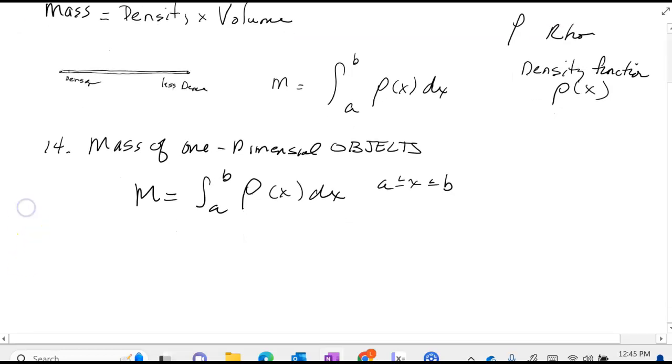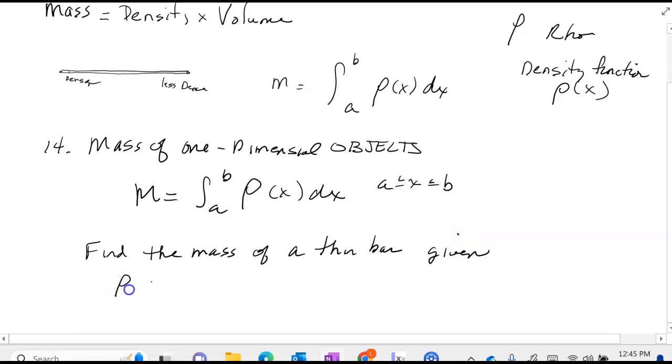All right, so in number 14, let me pop it in my book I have in front of me here. We want to find the mass of a thin one-dimensional bar, given that rho of x equals 1 plus sine x, and that x is between 0 and pi.